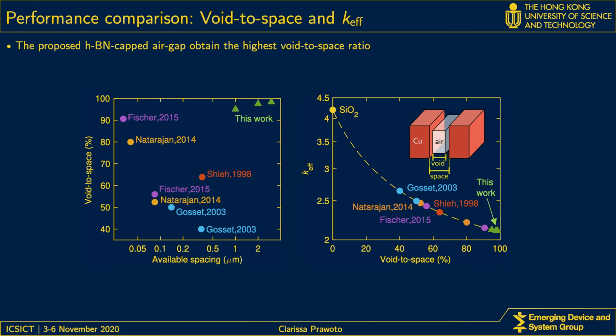As mentioned earlier, the effectiveness of an air gap depends on the void-to-spacing percentage. So, as shown in this figure, this work reduces intra-layer capacitance the most compared to other technologies.